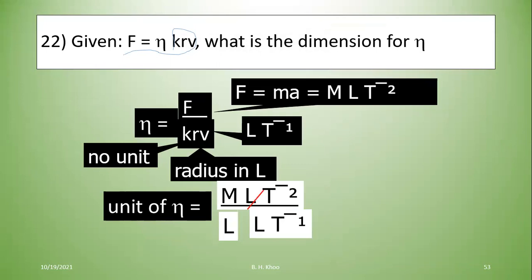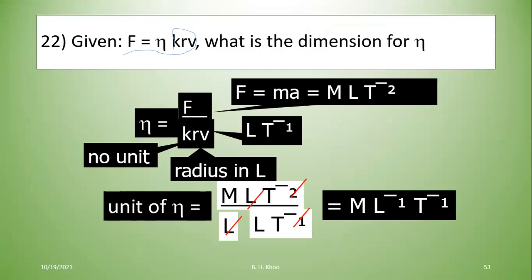Then simplify: L and L cancel off, you still got 1 divided by 1. The minus 2 cancels with minus 1, you still got minus 1. That's the answer.